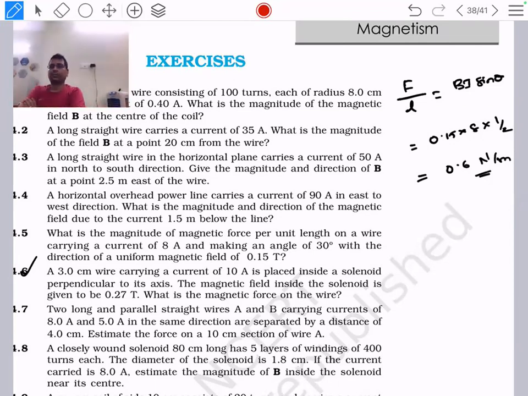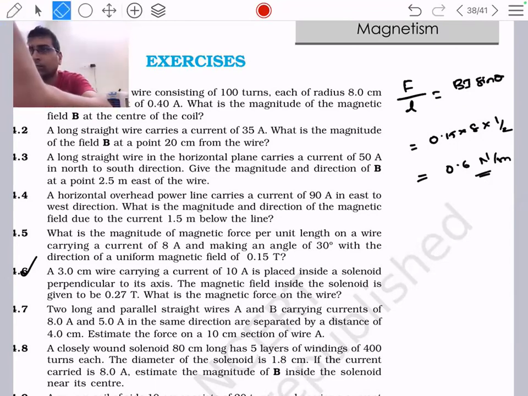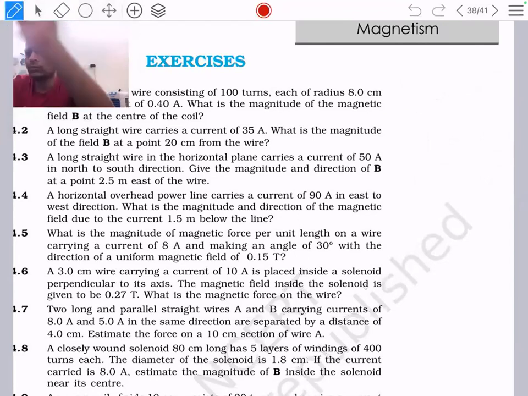Can you solve this? So I got 8.1 into 10 power minus 2 Newton, sir.